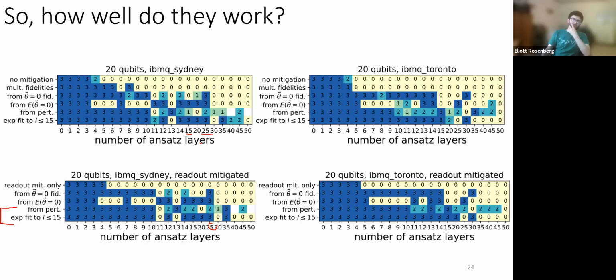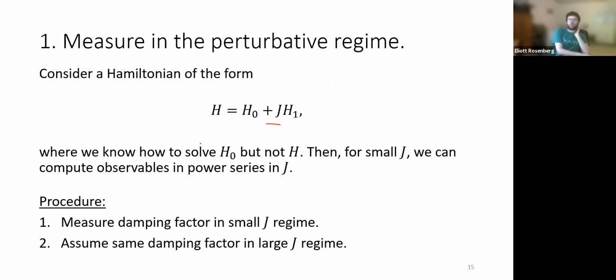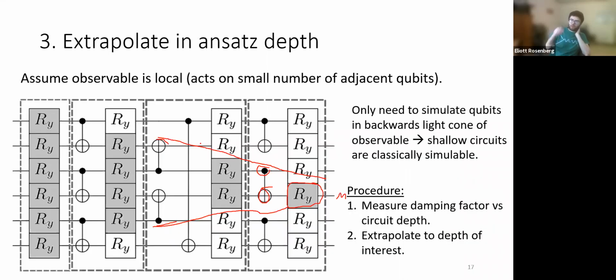Yeah, so which of these methods you apply depends a lot on the situation. So for example, this method 1 over here, you can only apply when your Hamiltonian has a perturbative regime. And of course, not all Hamiltonians have a perturbative regime. Whereas method 3 here, you can only apply when your Hamiltonian is local and your ansatz is local.